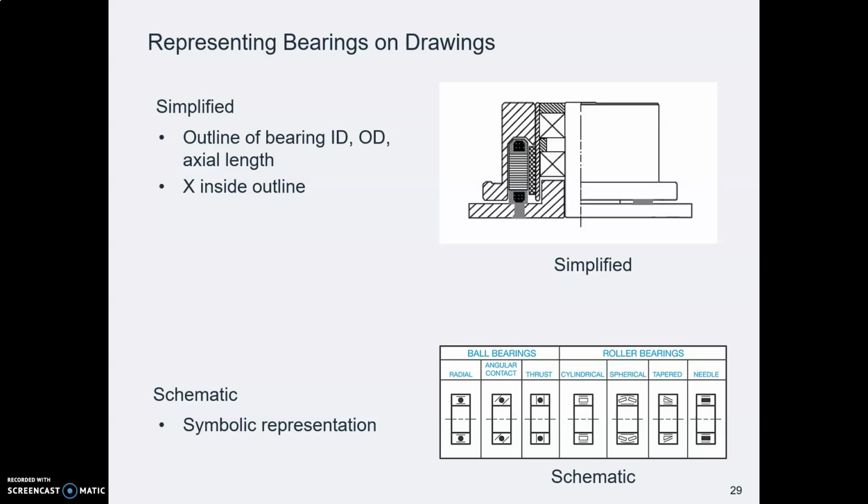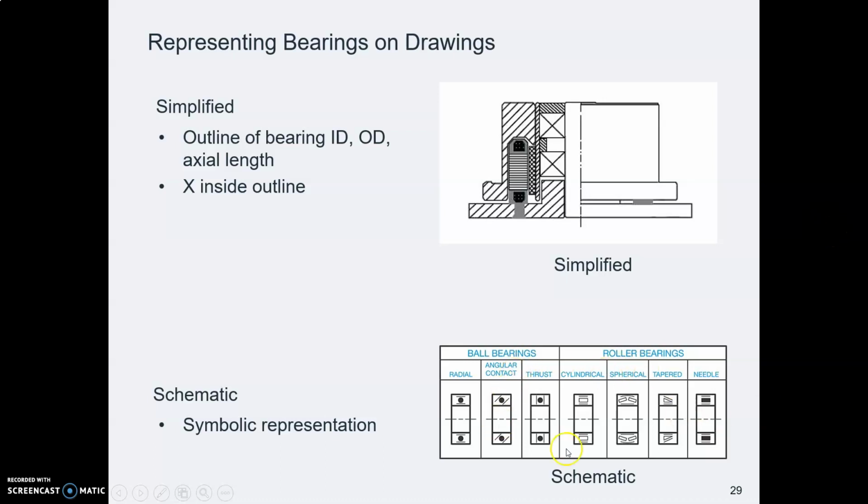You could draw a schematic representation, which is kind of like a thread, but not really. Or you could draw a simplified representation of a thread, which was hidden lines. In bearings, it's a similar situation. I don't have a picture of a detailed drawing because we've been looking at them throughout this slideshow.